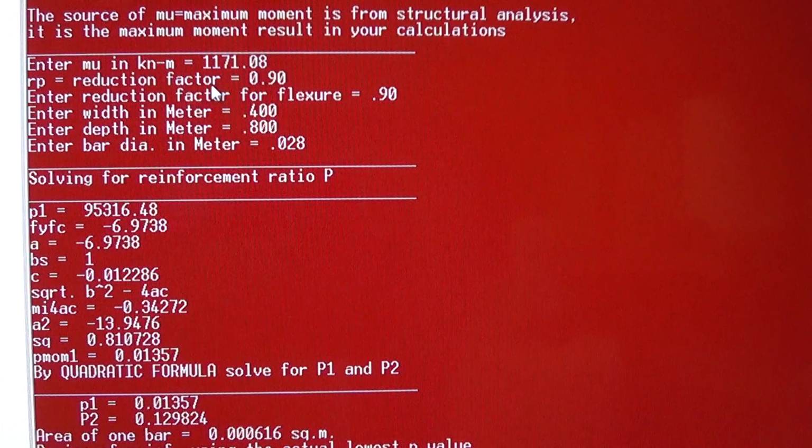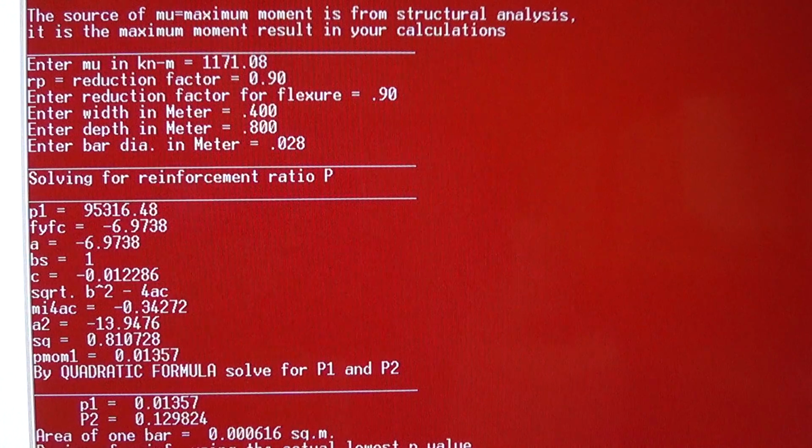I included here the program of the quadratic equation so you can solve for the p, the reinforcement ratio. This first attempt at design of reinforcement is by using the theoretical formula for the beam. And to design the reinforcement, you need the reinforcement ratio, which is embedded right here.